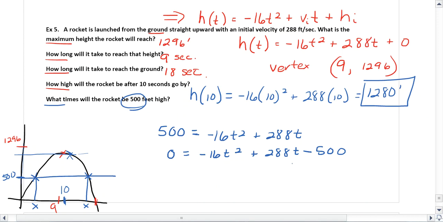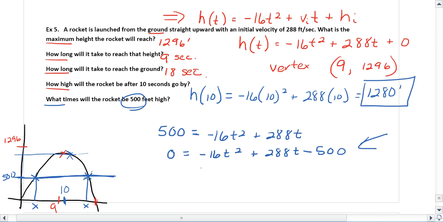So I subtracted the 500 over here, and now we have a new quadratic, and we want to find where this crosses the x. Essentially, what we did is we took this parabola and dropped it down 500 feet, so that this line is now on the x-axis, and we want to find these zeros.